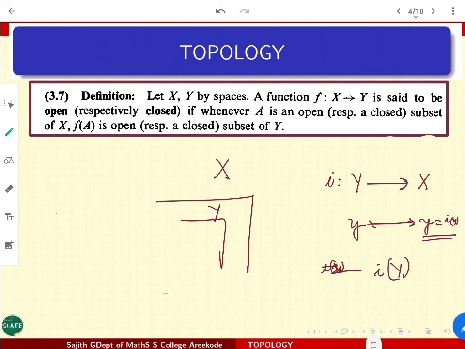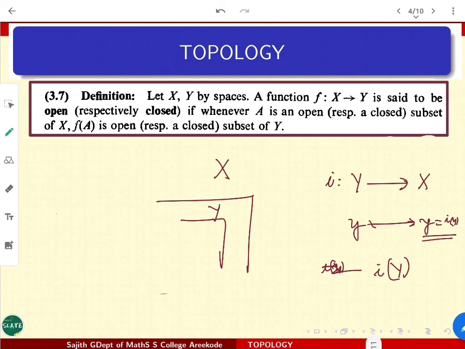So in general, you can't say that inclusion maps are open or closed; they can be neither open nor closed. But an inclusion map from Y to X is going to be open if and only if Y is open in X.